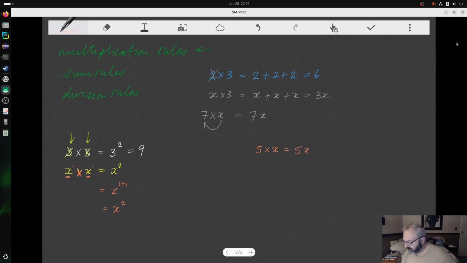But if I have something like x times x, now I have a multiplication calculation with the same bases, and now I have to apply my power laws, and this becomes x squared. x multiplied by the same x is going to be x squared. If I had x times x times x, what would this one be? Yes, you guessed correctly, that would be x to the power of 3.